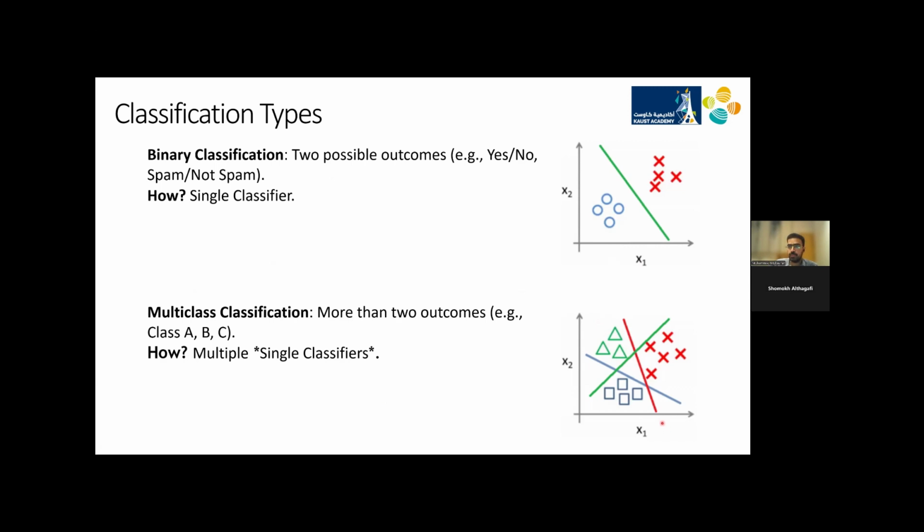Okay. So this one particular line is still doing binary classification. Either it is a triangle or not a triangle. And then similarly, we have the same thing for the square, we have the same thing for the cross. And when we combine everything together, we can actually distinctively classify each of the objects, right?